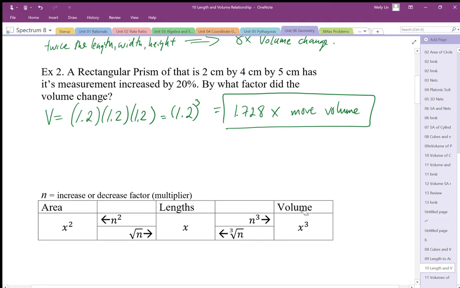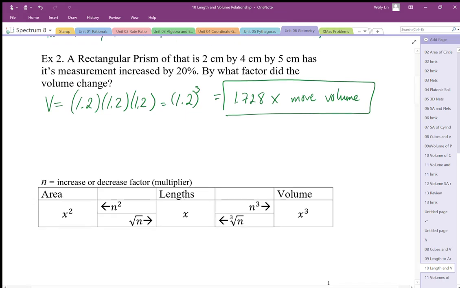If I want to take that same n factor and figure out how it affects the length multiplier, we cube root it. So same thing here. If I take the length, I can square that factor to get the multiplier for the area, and then I can take the area factor and square root it to get the length factor. The factor meaning the multiplier that changes the length or area or volume.